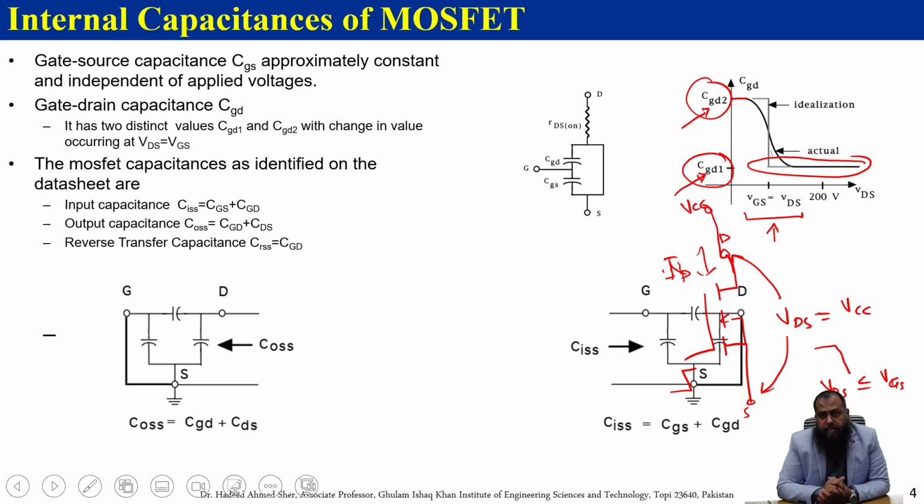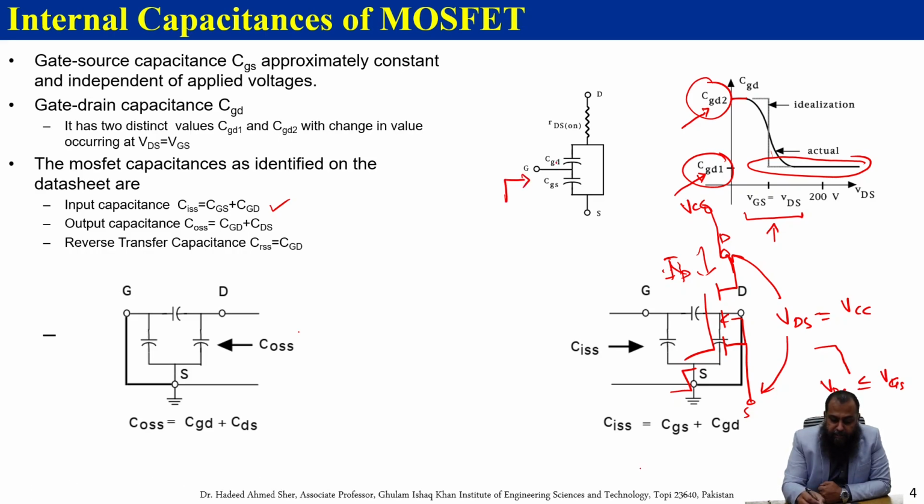Now the capacitances which we encounter in a given MOSFET data sheet, there are three different types of capacitances given in the electrical specifications of any MOSFET. These are the input capacitance CISS, which is the capacitance as seen from the input side. It is the sum of the CGD and the gate to source capacitance here.